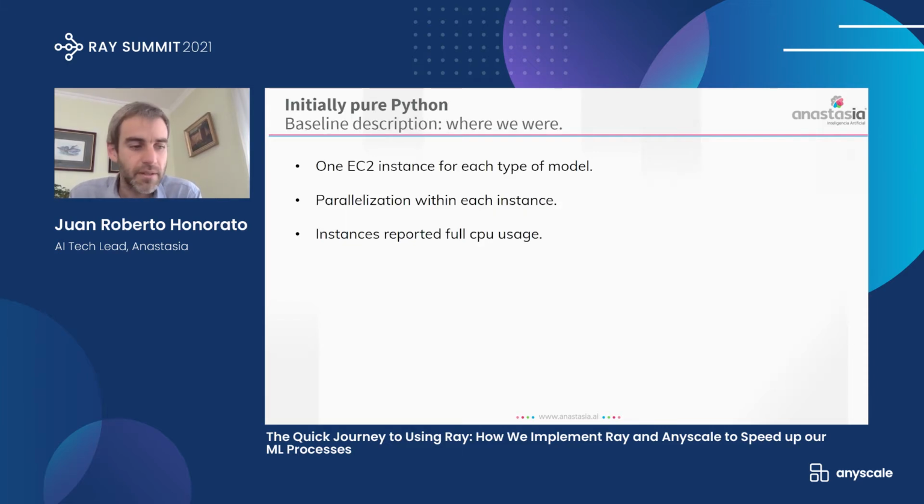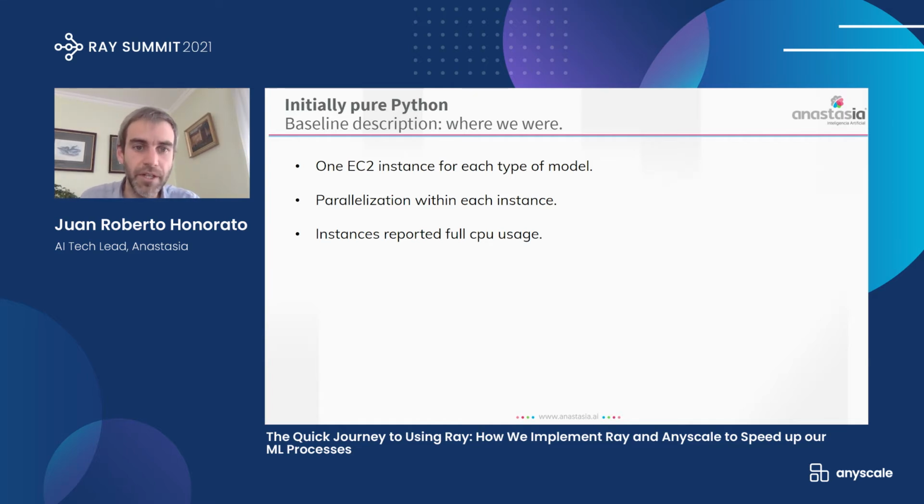In this diagram, we saw that each EC2 instance was dedicated to a particular type of model. So in our implementation, we had done ourselves the part of parallelizing and running in parallel all of that training and prediction within each instance.